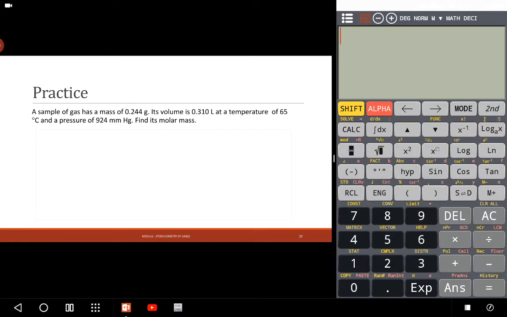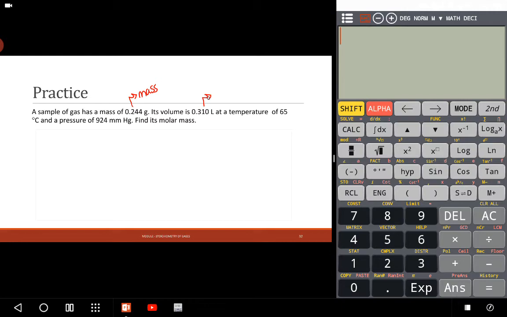Now let's try to calculate the molar mass of this gas. Go ahead and pause the video and try to work out the molar mass of this gas on your own. Unpause the video when you are ready to check your work. Okay, so we do not know what the gas is, so we're going to have to calculate this experimentally. This is my mass.